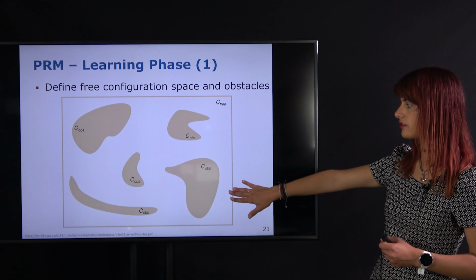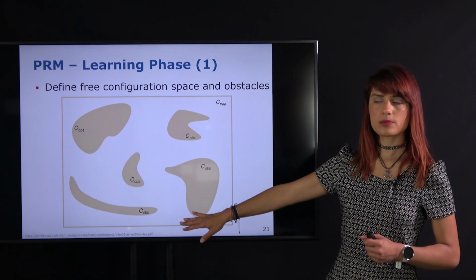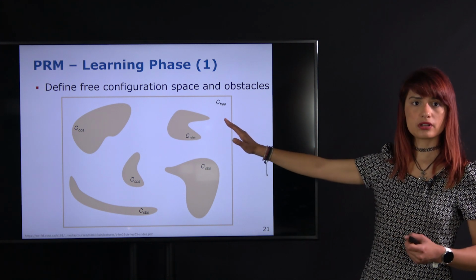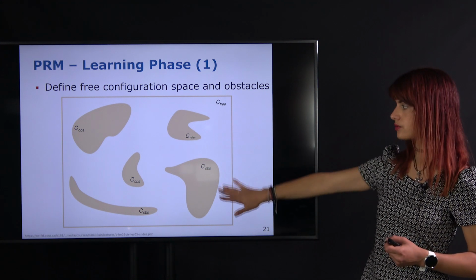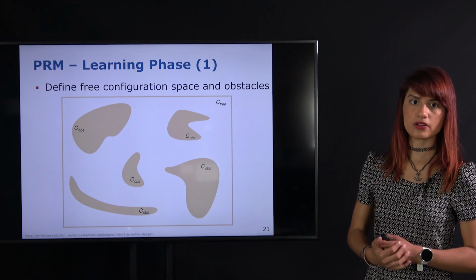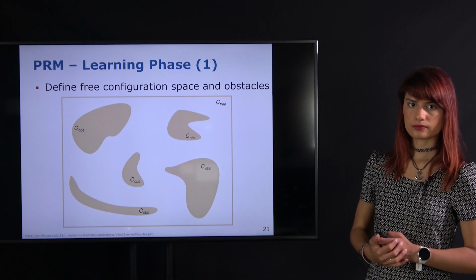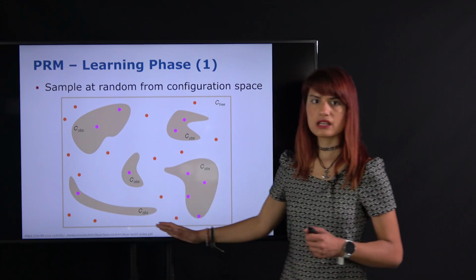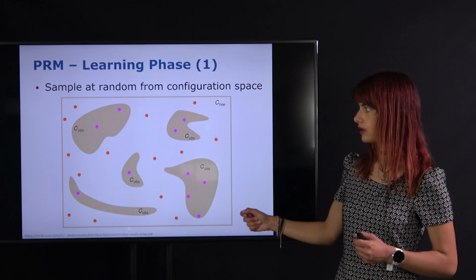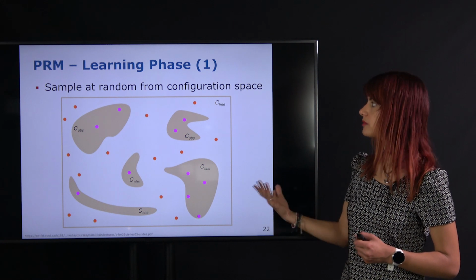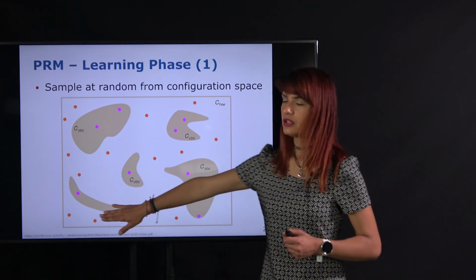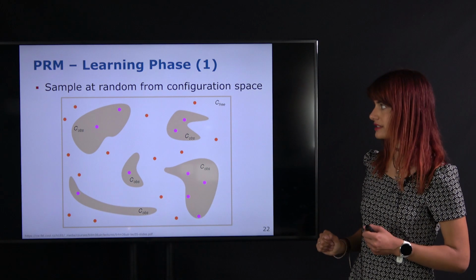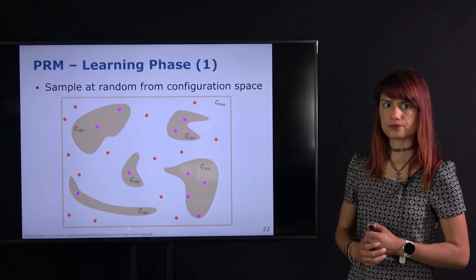So say we have an environment, here we have different obstacles and free space, and we have a known environment. It is assumed, so we know the geometry of all the obstacles. So then we do sampling. So we sample, in this case, uniformly by using random number generation, for example, to find different samples given the extent of the environment. In this case, a 2D example.